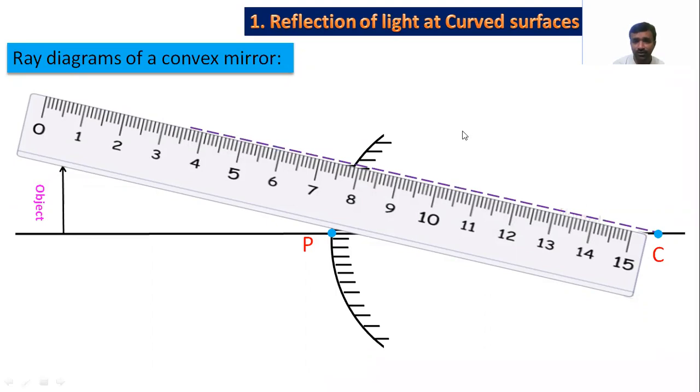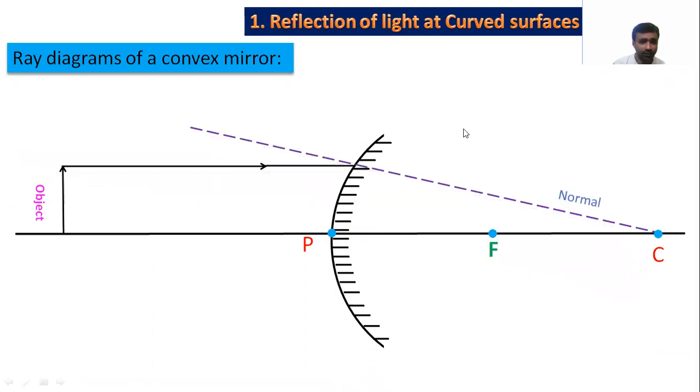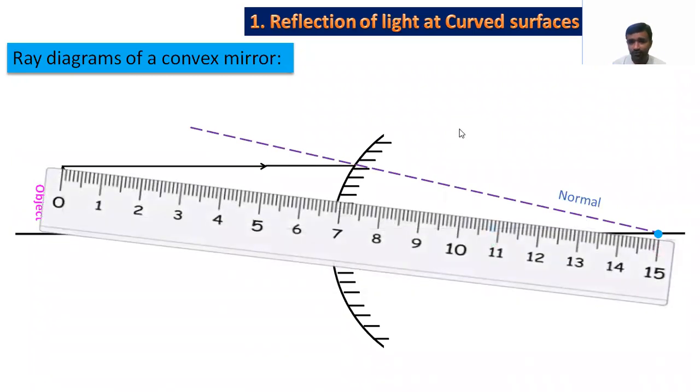After that, we select one more ray. For the second ray, it is the ray which appears to meet the center of curvature, or the ray directed towards the center of curvature. So I joined the top of the object and the center of curvature, and the ray is incident on the convex mirror directed towards the center of curvature.